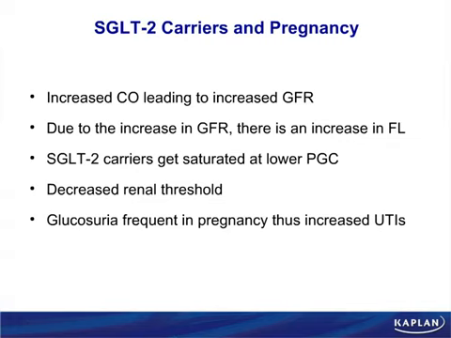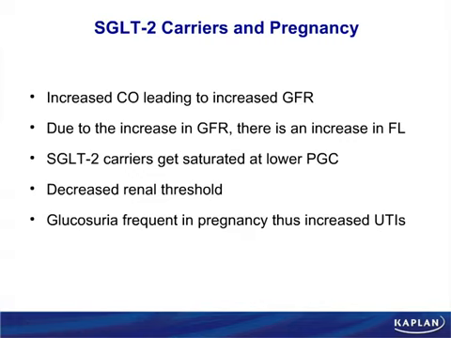So here's what happens in pregnancy. Your SGLT2 carriers get saturated at a lower plasma glucose concentration. Therefore, what you see in pregnancy is a decrease in the renal threshold, meaning that the SGLT2 carriers get saturated at a lower plasma glucose concentration, meaning that there's an excretion of glucose in the urine at a lower plasma glucose concentration.